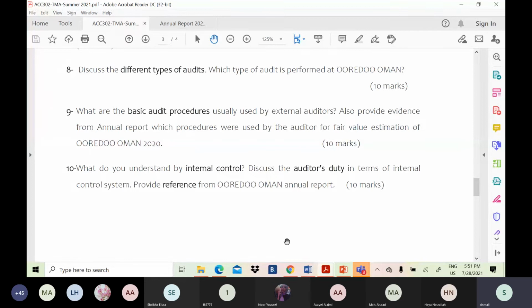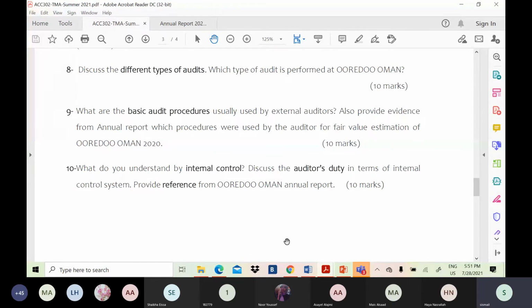Number 1, what do you understand by internal control? The meaning, the definition. So this is number 1. This is directly from material. Okay, doctor. And number 2, discuss the auditor duty related to the internal control system directly from material. Can you see the first point, the definition from material?